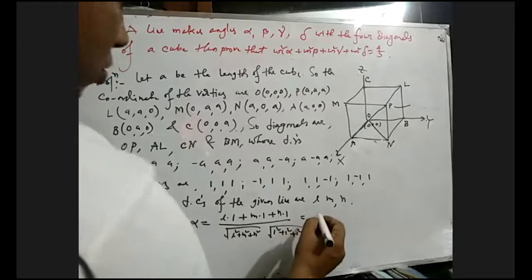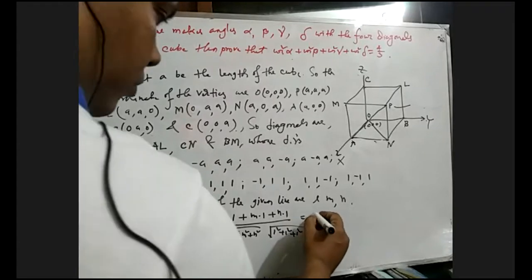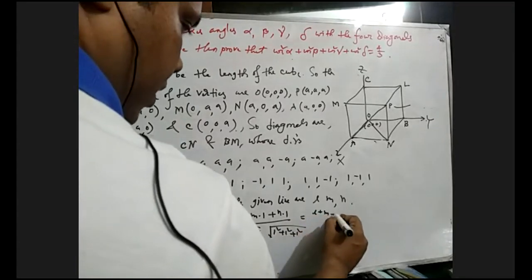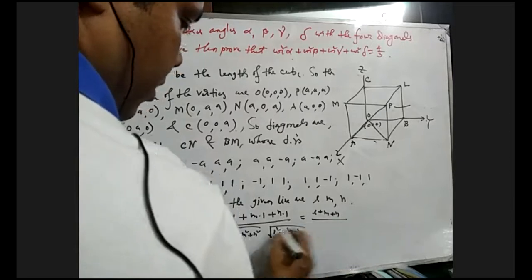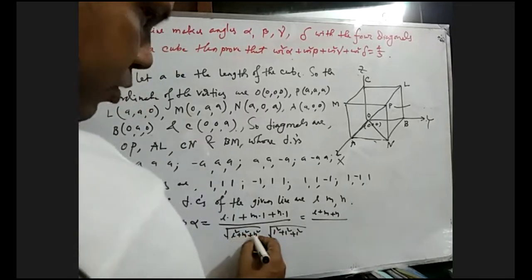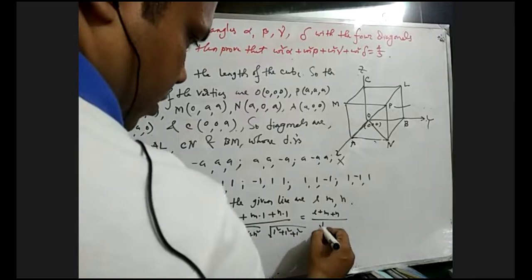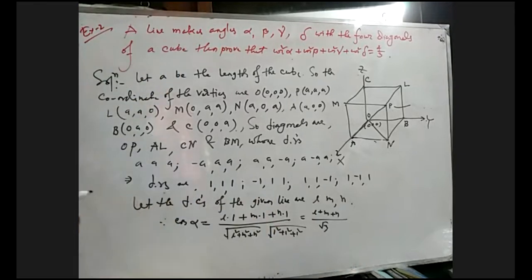So this equals l plus m plus n divided by, since l square plus m square plus n square equals 1, root 3.